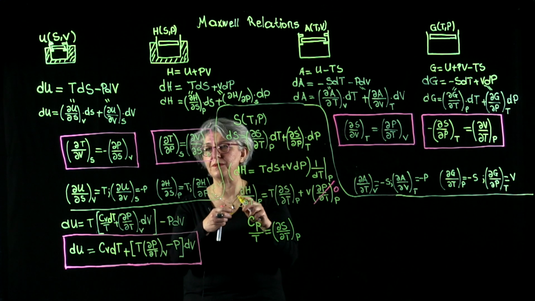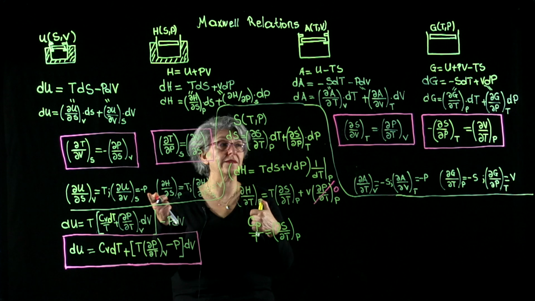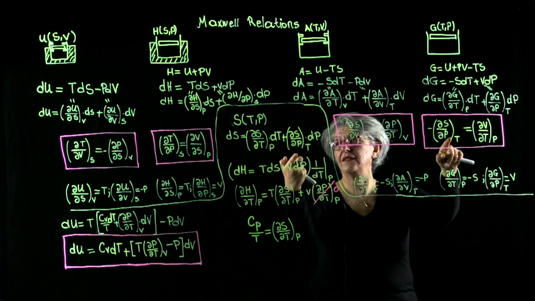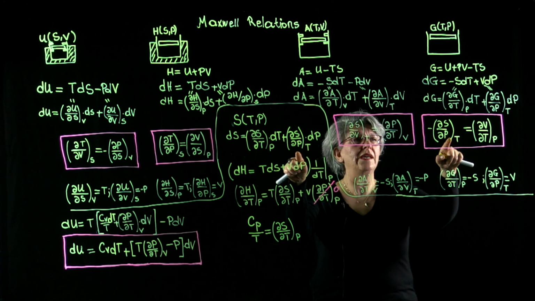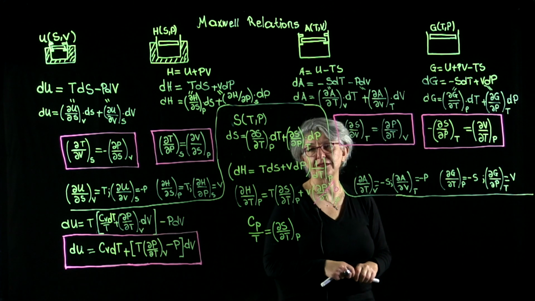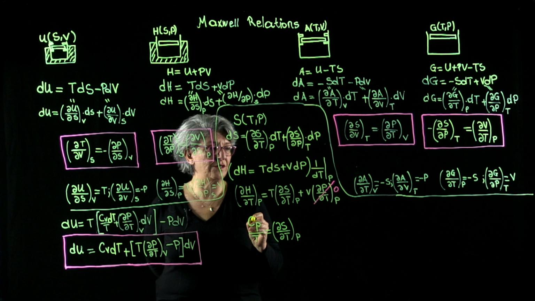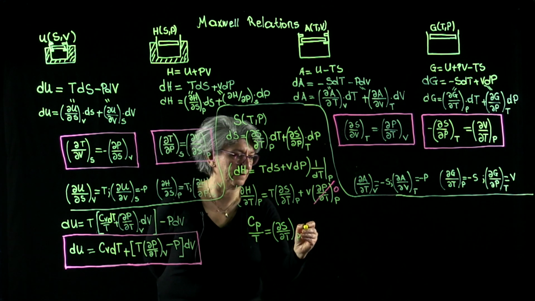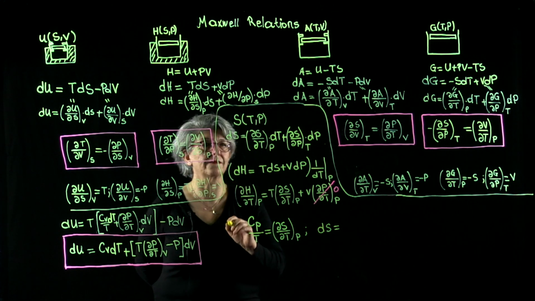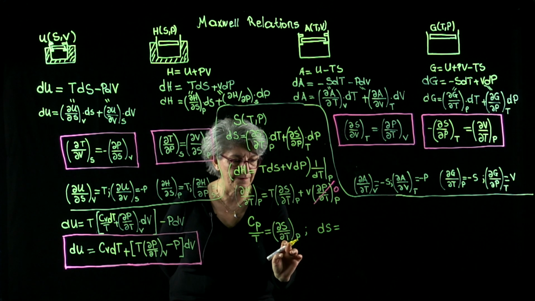Del S over del P at constant T, we found, is equal to minus del V over del T at constant P. All right? So dS is equal to del S over del T at constant P dT.